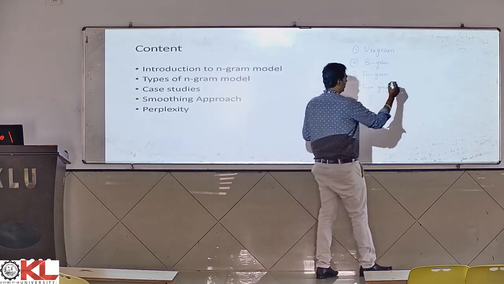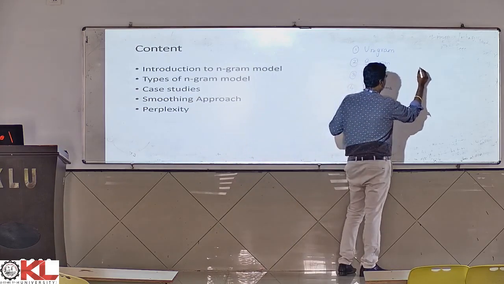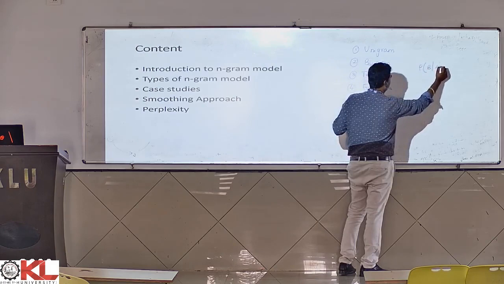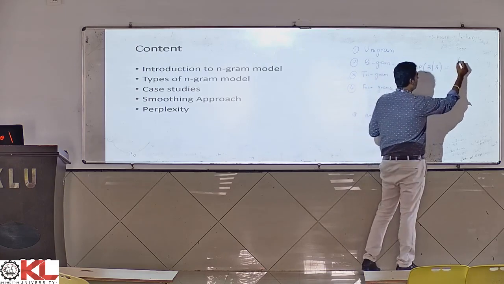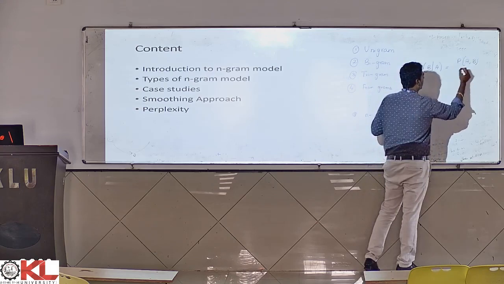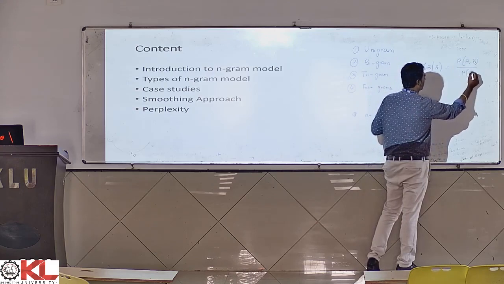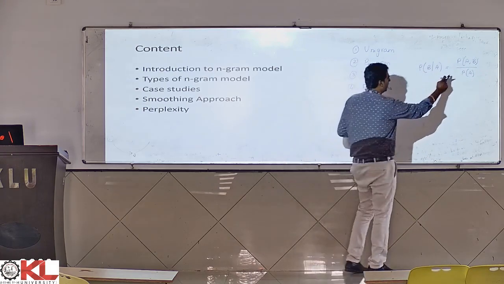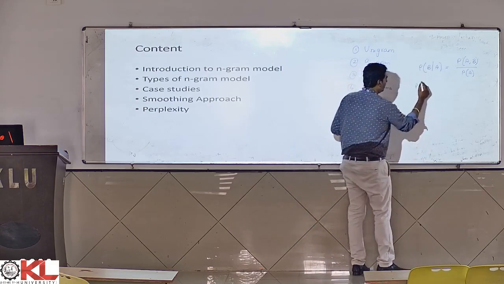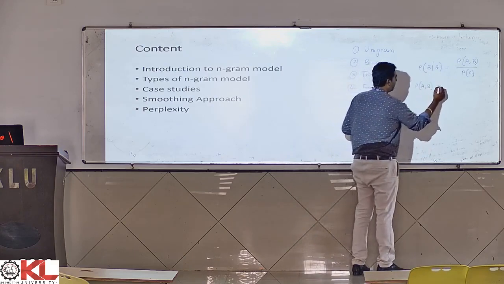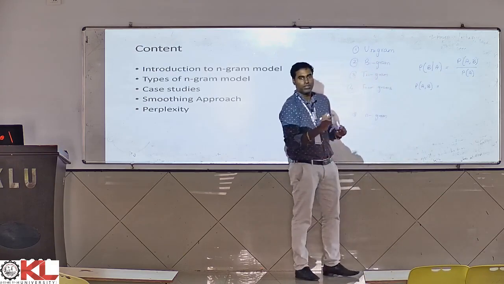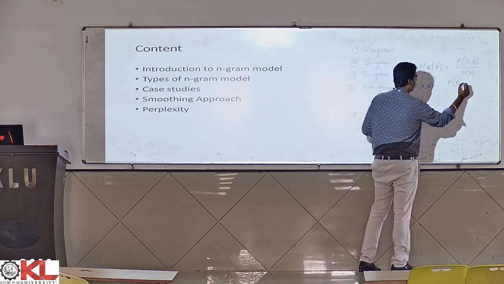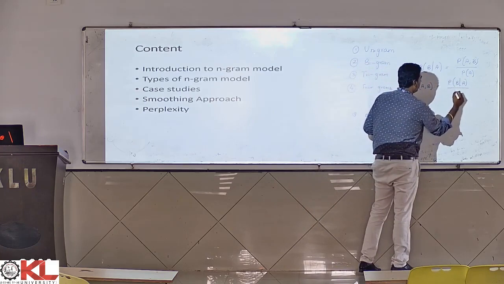How does it work? We discussed the conditional probability formula: the probability of B given A is equal to the joint probability of A and B divided by the probability of A. I am rewriting that formula: P of A and B, that means the probability of the words A and B occurring together, is equal to the probability of B given A multiplied by the probability of A.